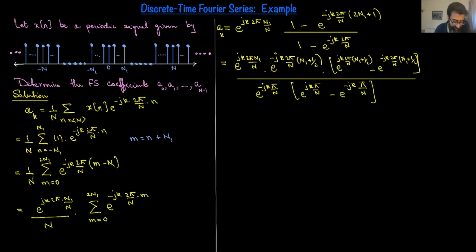Now what I observe is that this multiplied by this divided by this is actually equal to 1, and that really simplifies the expression a lot further. So this is 2 pi n1 by N, and this is minus 2 pi n1 by N, so this is going to cancel out with this.